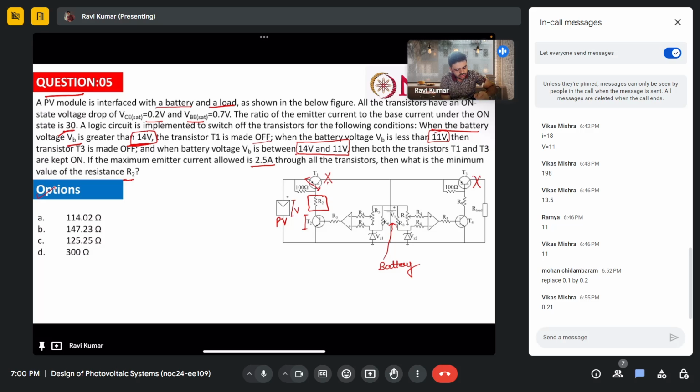So this is a closed circuit. This particular circuit is closed like this.